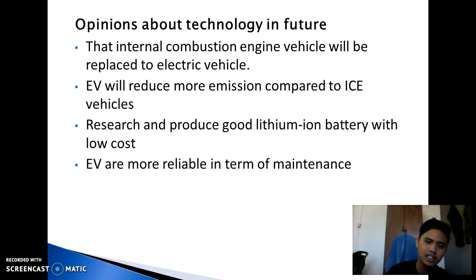Secondly, electric vehicles can also reduce more emissions compared to ICE vehicles.